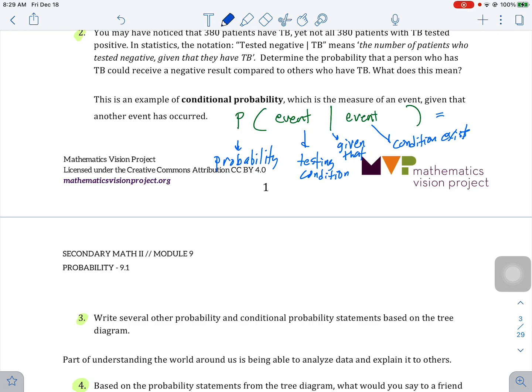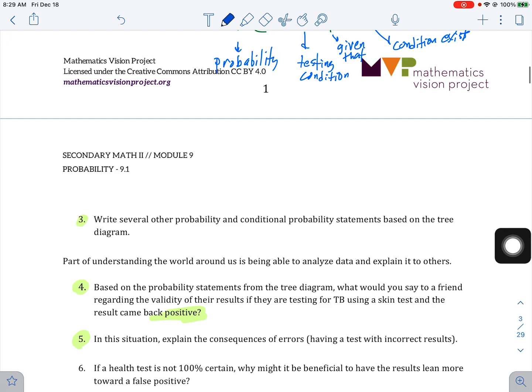And then the probability is always a number from 0 to 1, right? So this is the probability that something happens given that we already know an event that happened. And this is going to be somewhere between 0 and 1.